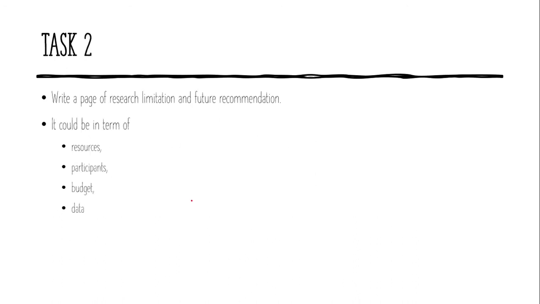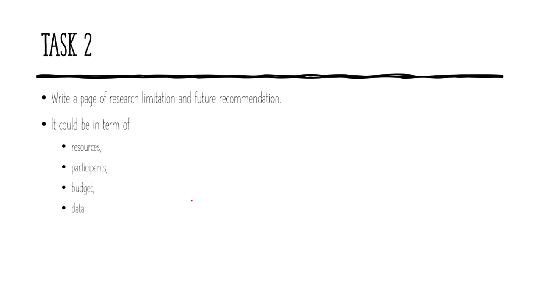For task number 2, I want you to write a page on limitations and future recommendations. List out what are the limitations that you have come across, what are the difficulties, what are the challenges that you have gone through, and suggest a recommendation for future work. Okay, so the limitations can be in terms of resources.